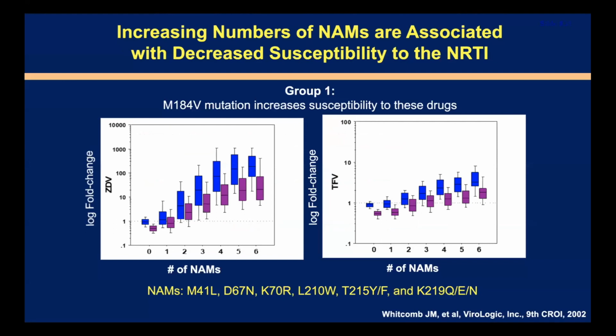Dr. Shafer will discuss this study more, but the only point I wanted to make is that the M184 mutation that results from 3TC or FTC hypersensitizes the virus to the activity of both AZT and tenofovir. And so you can see that there's a remarkably greater sensitivity of virus to, let's say, tenofovir alone with no 3TC mutations.